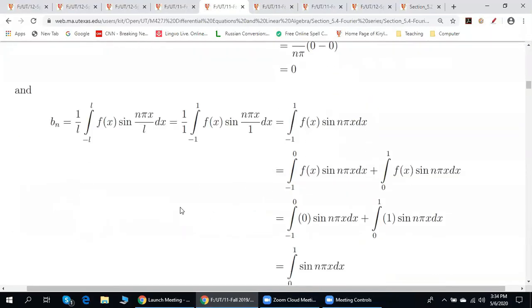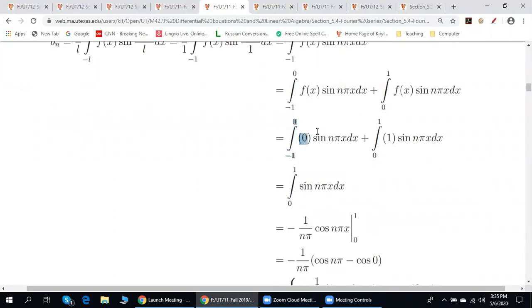In this formula, as before, we replace L by 1. We simplify. We split this integral into two pieces. We replace f of x by 0 here. We replace f of x by 1 here. This integral is equal to 0. 1 times sine is sine.